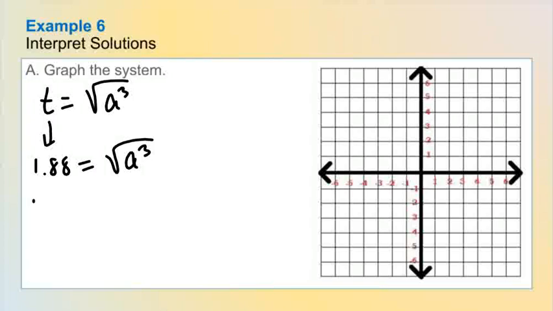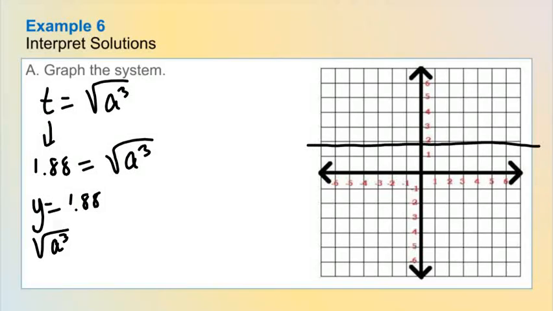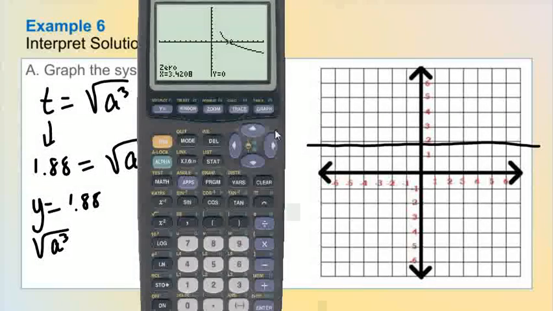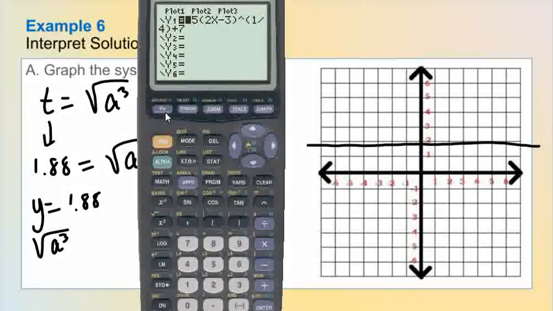We can have one as y equaling 1.88, and the other one is the square root of a cubed. Instead of graphing it on a number line, we could do it on a coordinate plane. 1.88 would be roughly here, and the square root of a cubed would be easier just grabbing our calculator. In the y equals, the first one we have is 1.88. So put that one down, and the other one, the square root of x cubed.